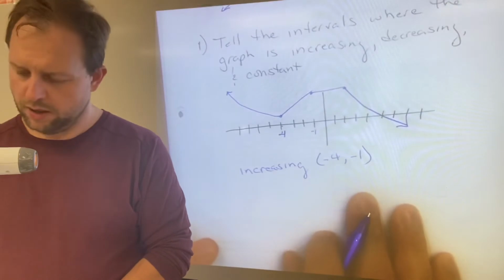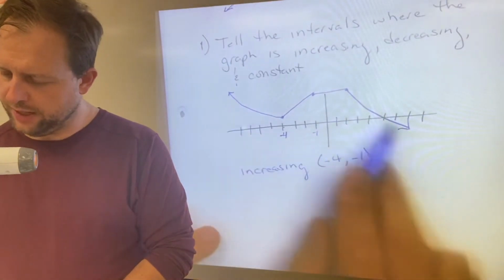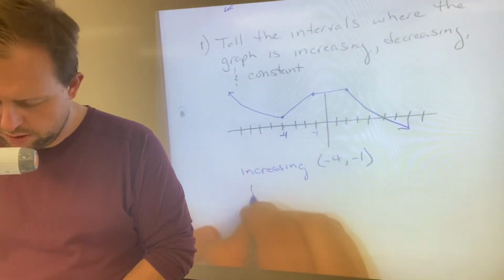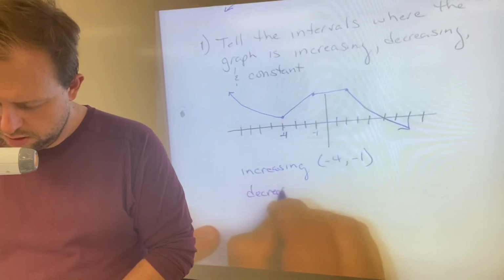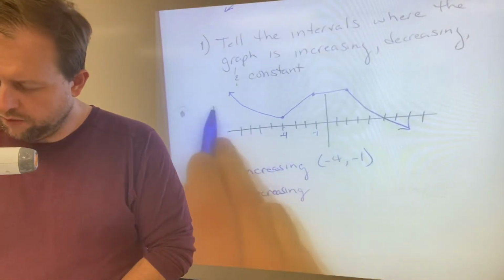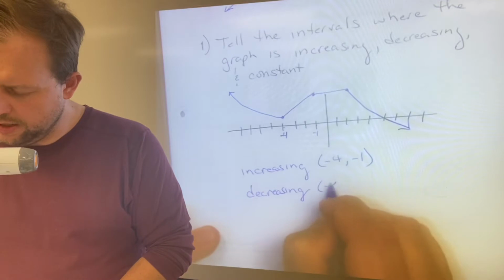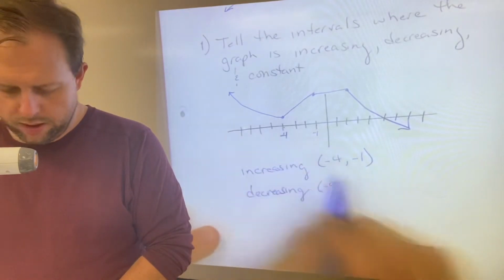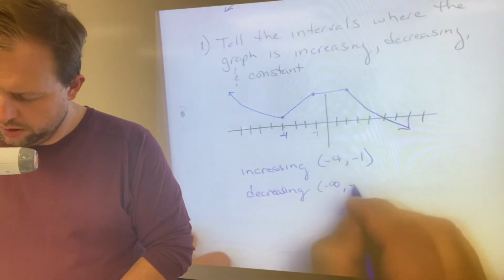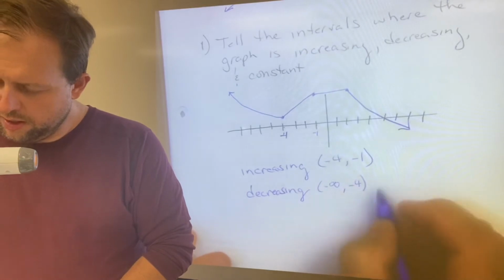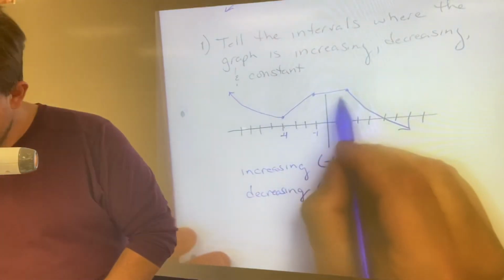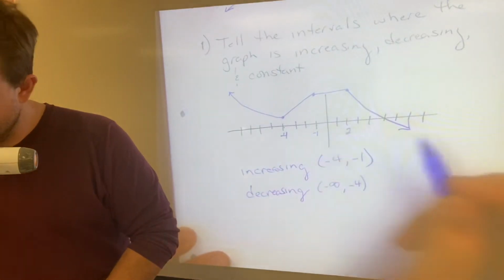Okay. We have decreasing in two locations from -infinity to -4, and it looks like this is at 2.